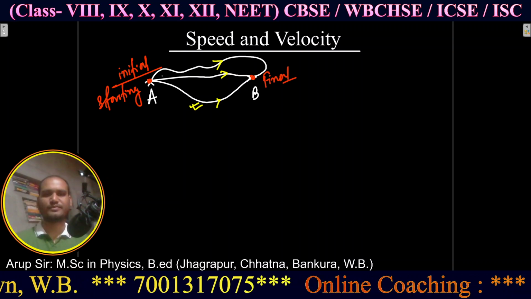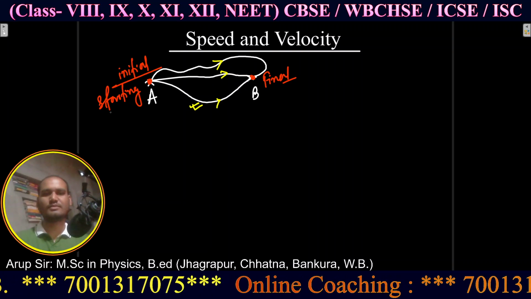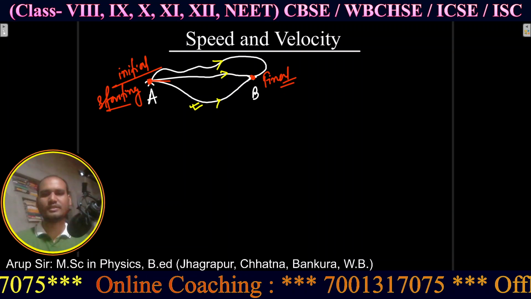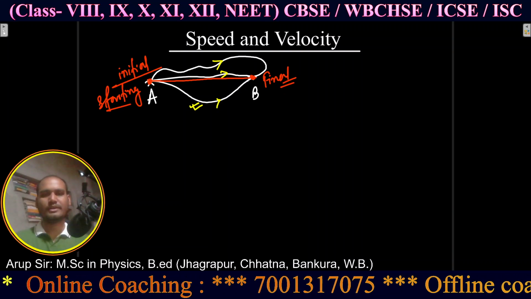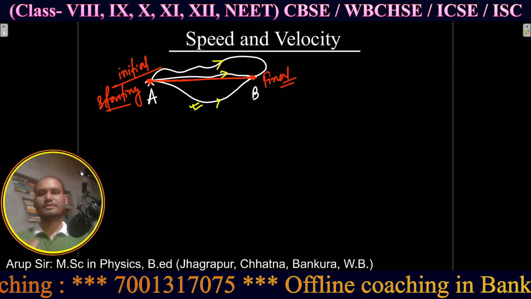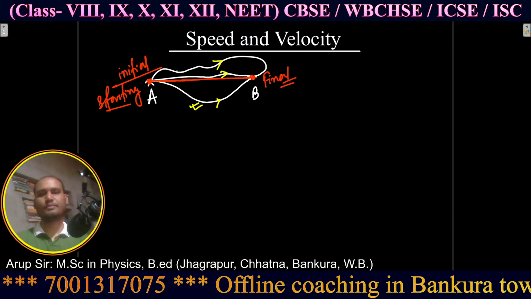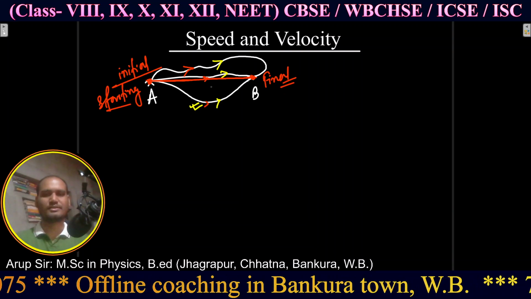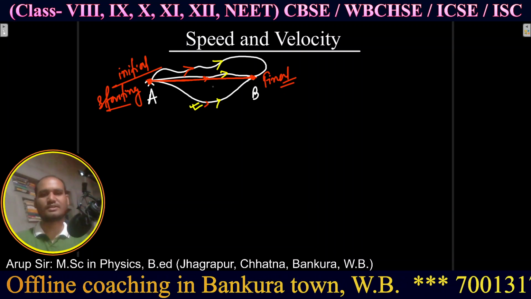So the fact is that the distance between the starting and the final point, which one is the minimum? The minimum will be the straight line path. You can connect by any path, through this path, this path, this path, but which one is the shortest distance between these two?